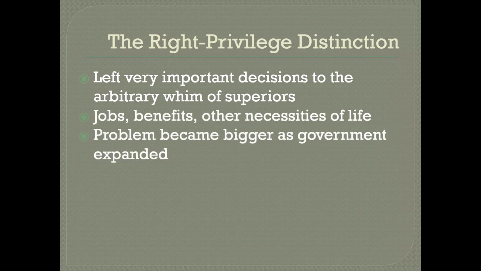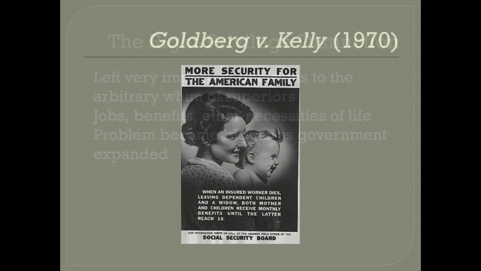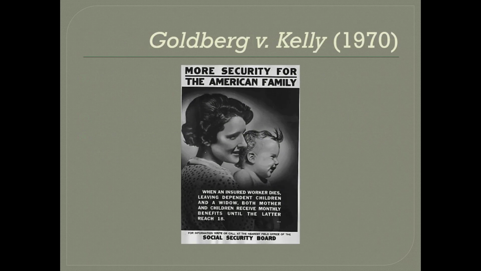And of course, this problem became bigger as government expanded. Back in the 1890s, government wasn't that big, but after the New Deal and lots of entitlement programs, welfare programs started to come about, the problem became bigger because this gave governmental agents the right to just cut people off from benefits with virtually no discussion.